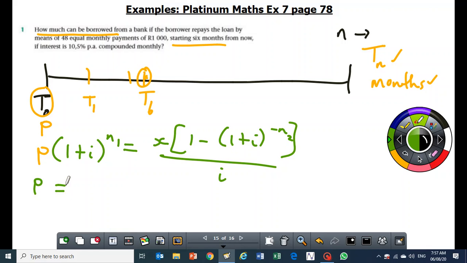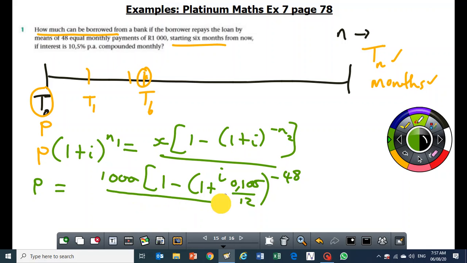If I substitute here, it's 1,000 times 1 minus 1 plus the interest rate, which is 10.5%, so 0.105 over 12, raised to the power of minus n2, where n2 is the number of payments which was made, which is 48, all over i, that's 0.105 over 12.